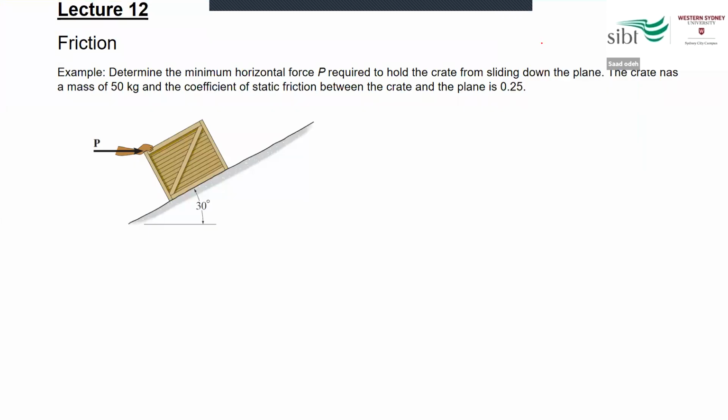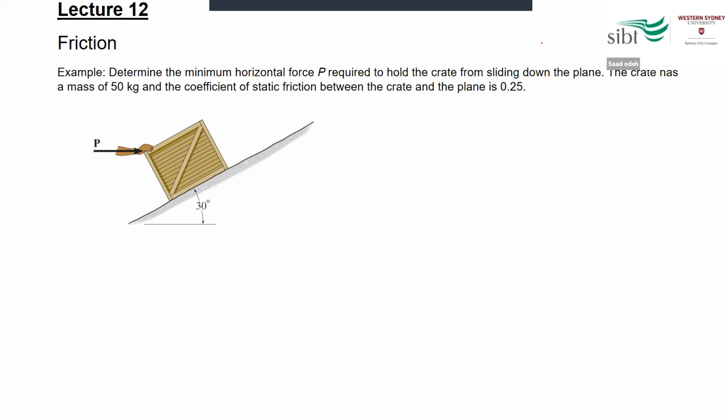In lecture 12, we learned how to find the friction of any moving object, any shape, or any object moving on a surface. And we know that we need to find the value of the coefficient of friction, or we call it the coefficient of static friction, because now we are dealing only with static friction.